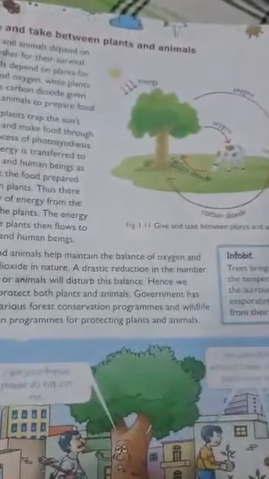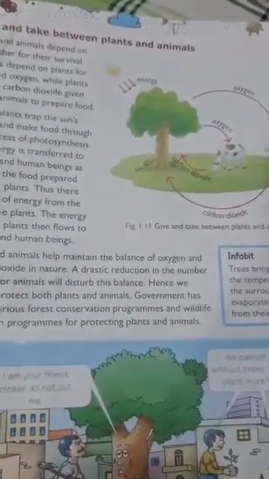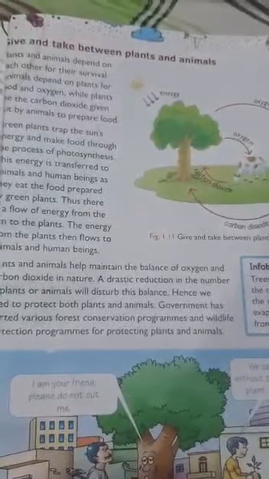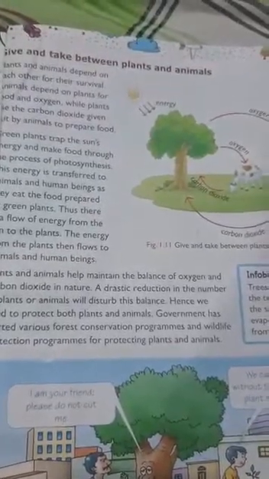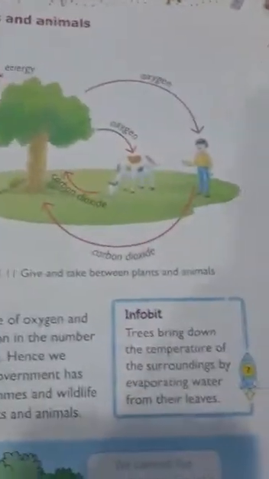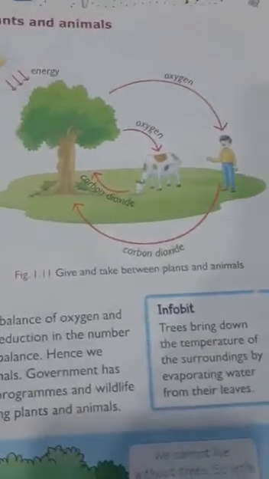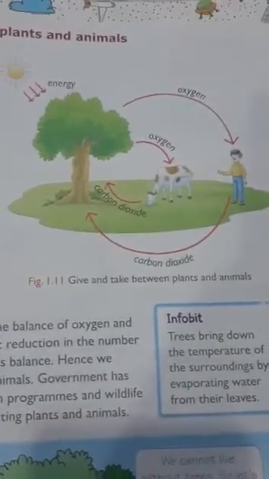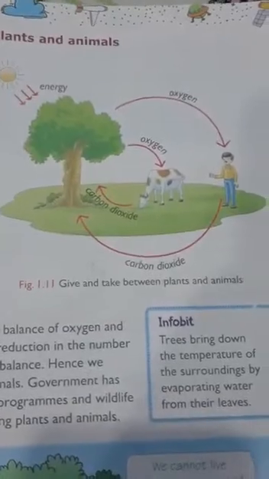Okay, the next topic is a very important and fantastic topic: give and take between plants and animals. Yes children, by seeing the picture you can understand who is giving, who is taking, between plants and animals.